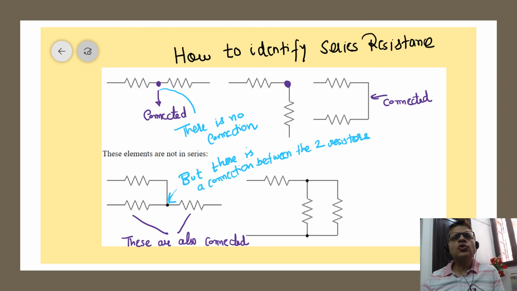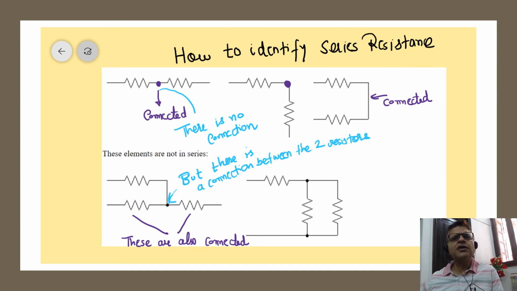Since there is no extra connection emerging out of the point of connectivity, there is no current leaving or entering this straight line, right angle or rectangle which you see on the top. So whatever is the current in the first resistor is the current in the second resistor, because there is no escape or connection available for current to split.